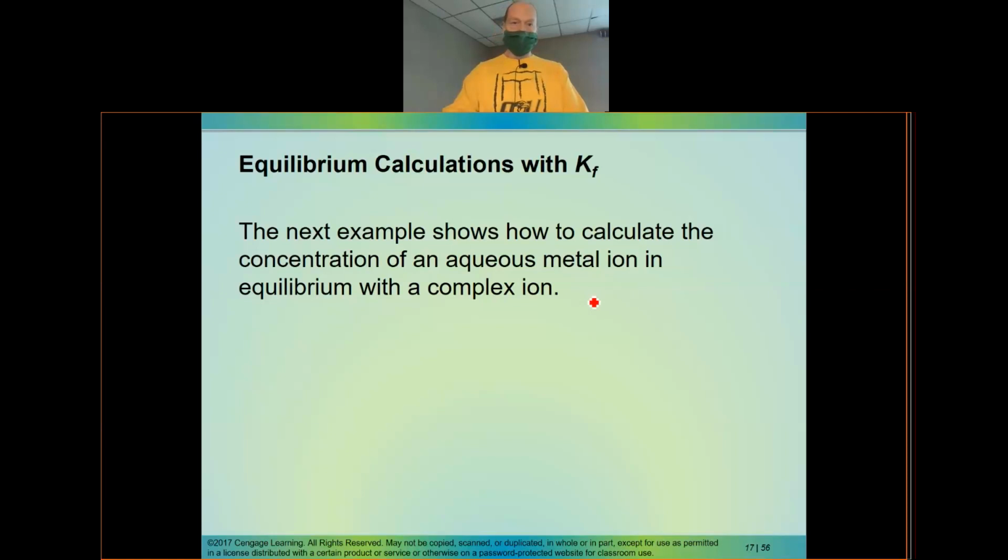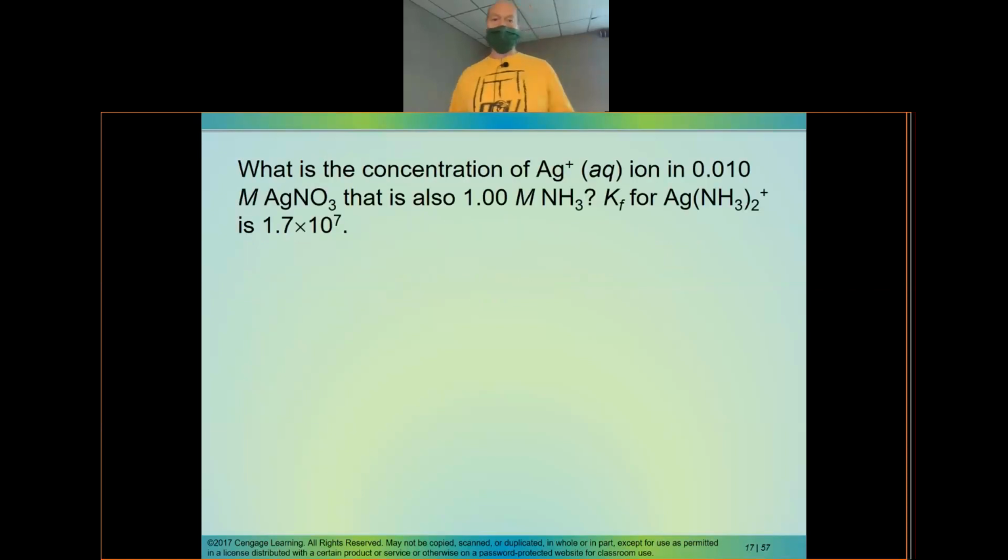All right. So here is an example using Kf. What is the concentration of Ag plus in 0.01 molar AgNO3? That is also 1 molar NH3. And then the Kf for Ag(NH3)2 plus is 1.7 times 10 to the 7th.